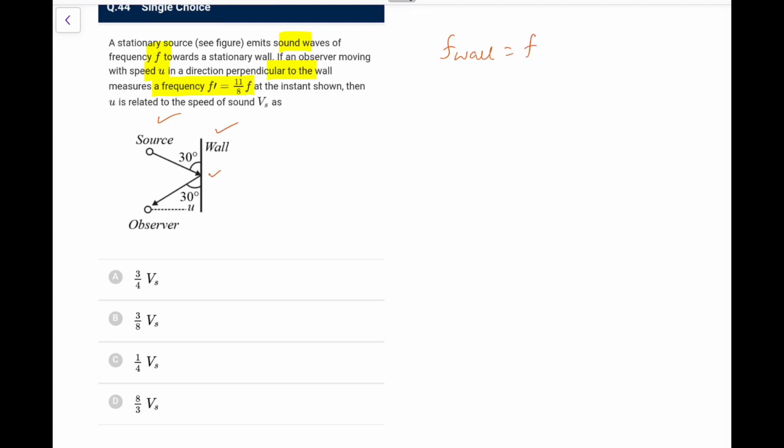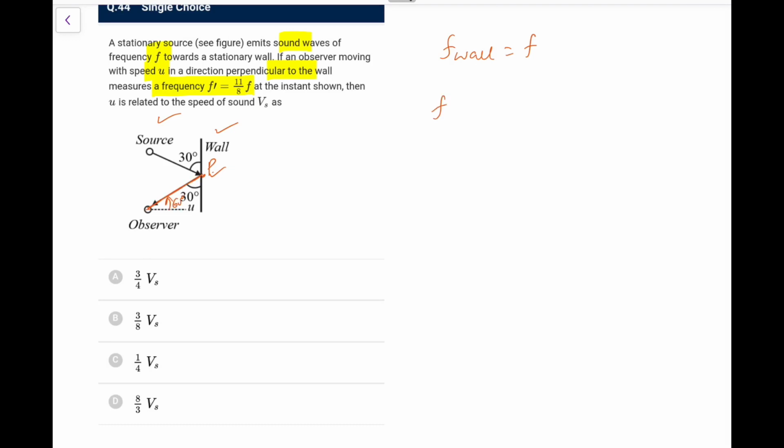Now the wall would be the source and the observer will be the observer. The sound is emitted from this particular point P, so along the line joining, the angle with the component of u would be 60.